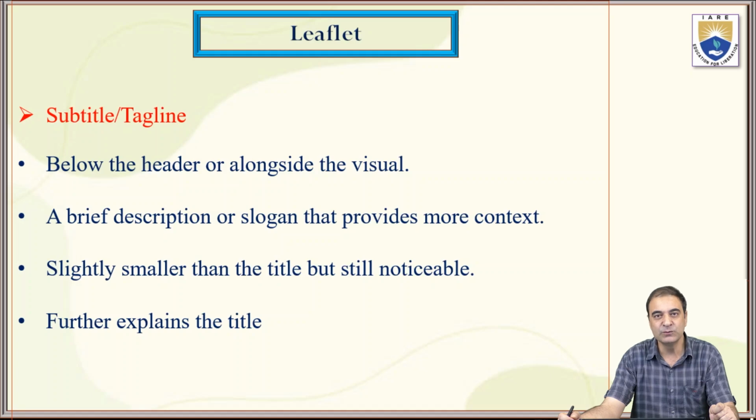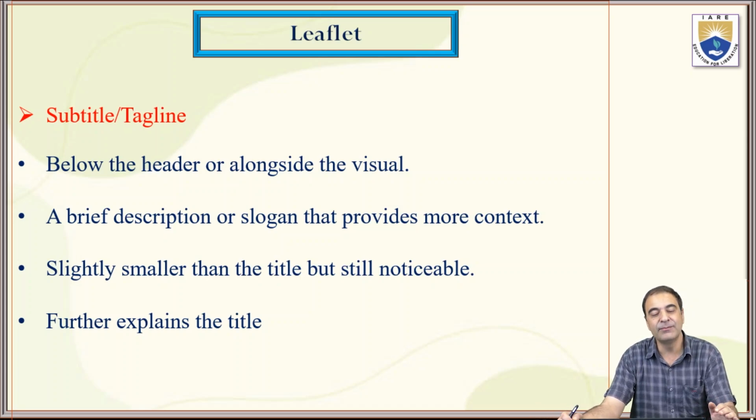We put this subtitle or tagline below the header, below the caption, below the title, or along the visual. Sometimes we provide a visual in a leaflet, and along the visual we write a byline. But this byline should follow the heading, it should follow the caption.